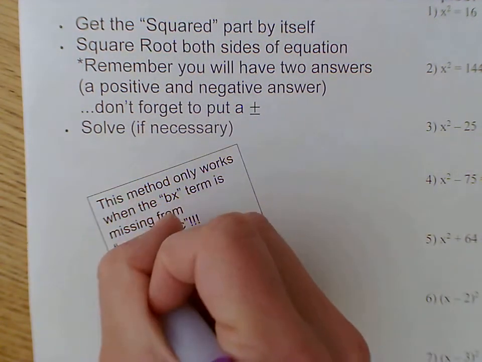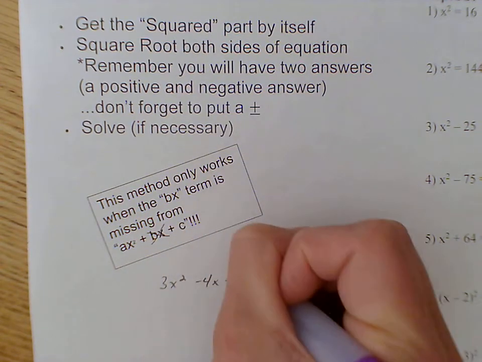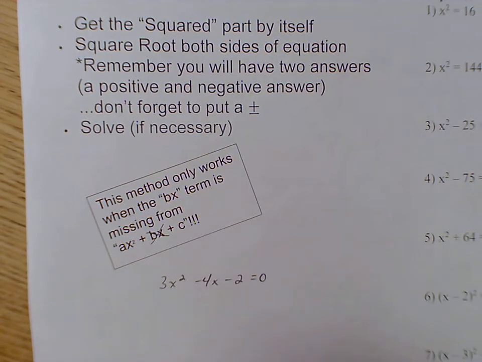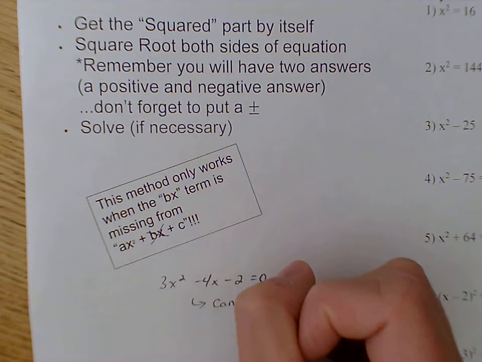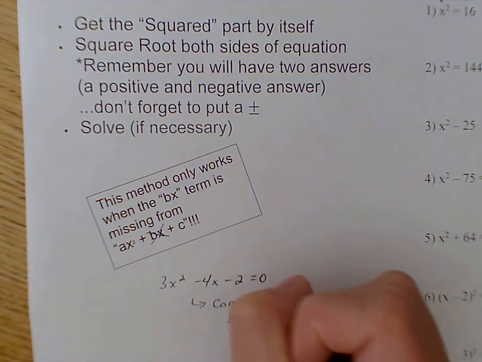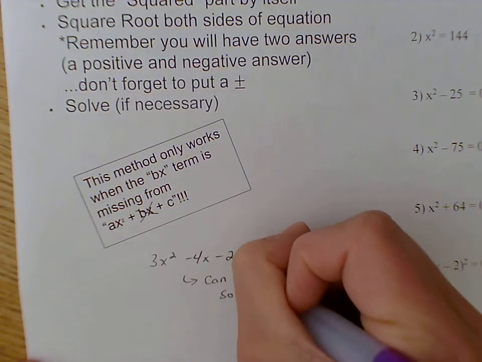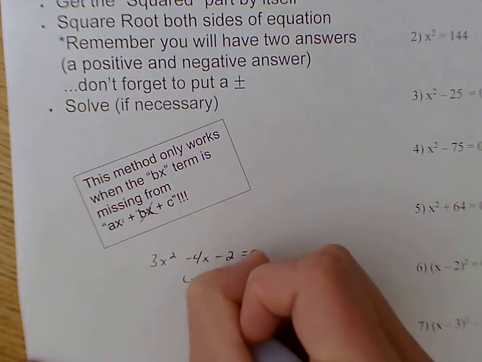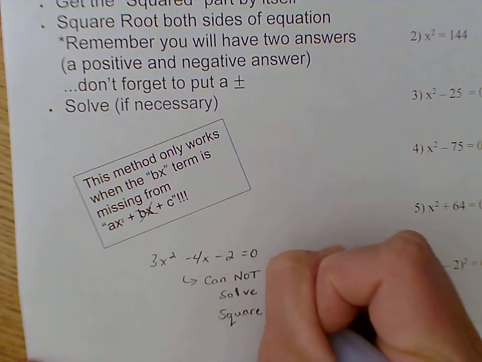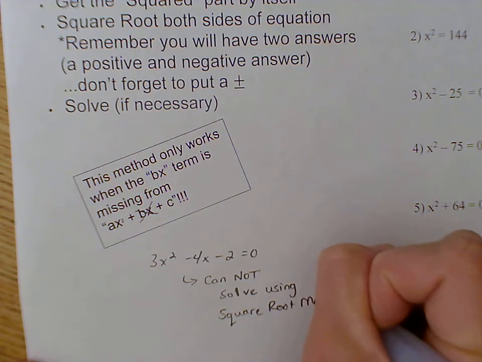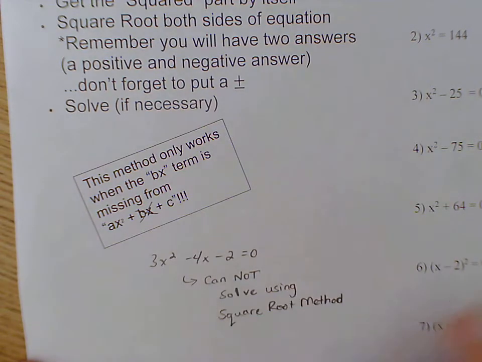For example, 3x squared minus 4x minus 2 equals 0 has the bx term, so you cannot solve it using the square root method. You might be able to use some other method, but you can't use the square root method. You want to be missing the x term, so it can't be there to solve it this way.